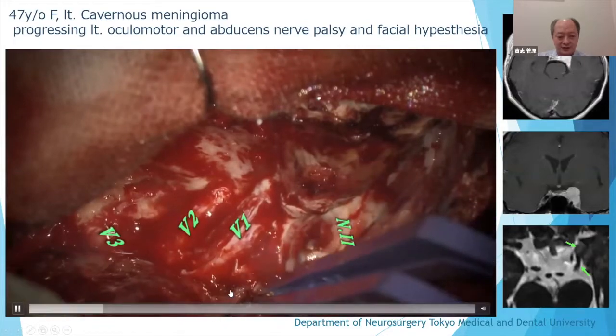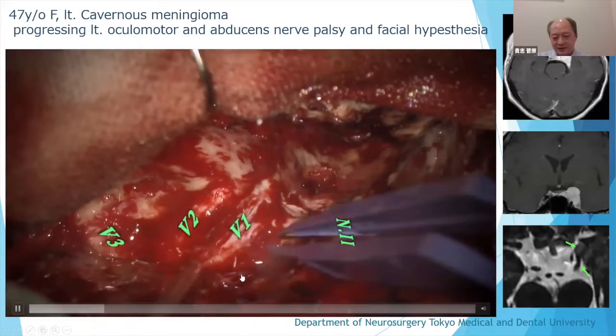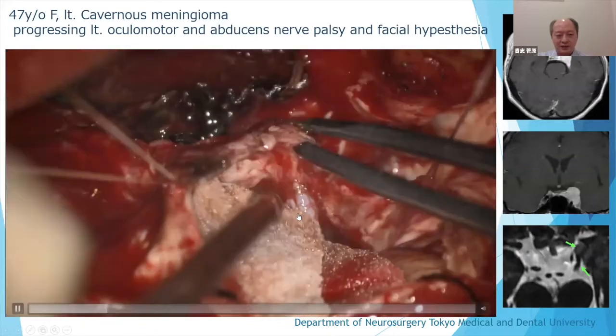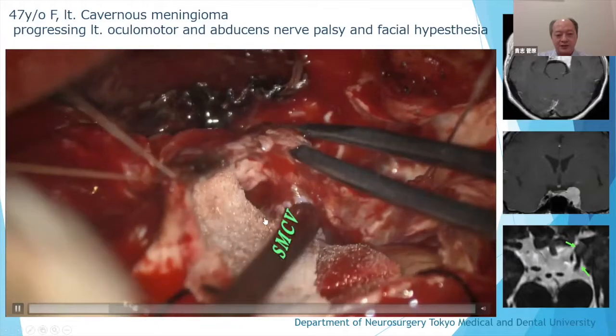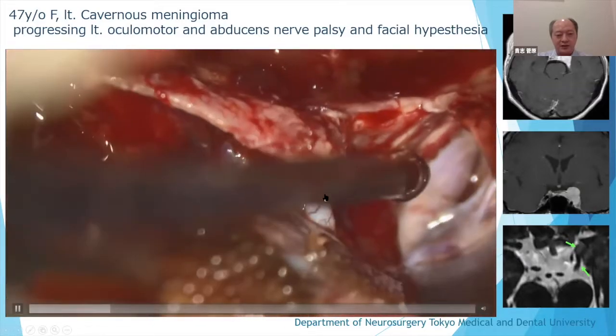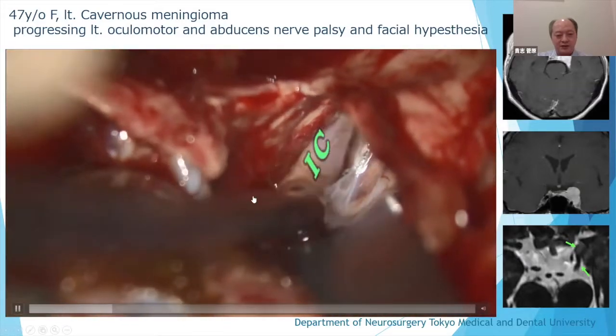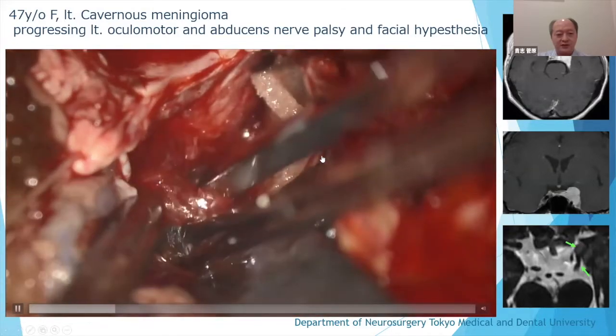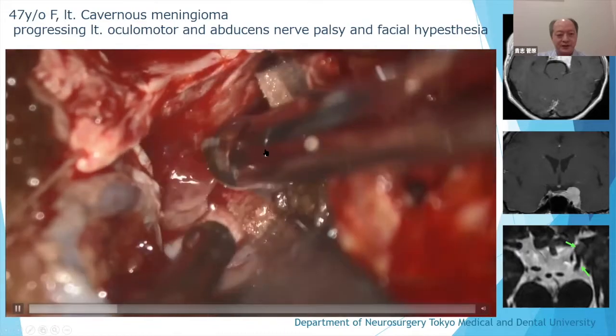And here you can see the veins, an important vein here. And then get into the interdural space and the tumor. The tumor in the dura was very small in this case.